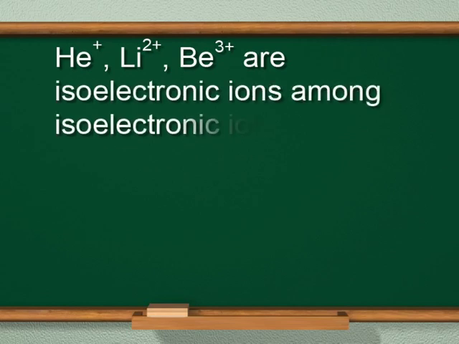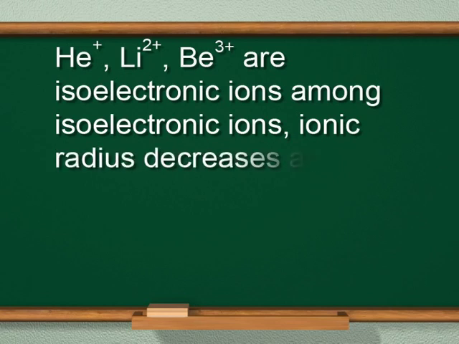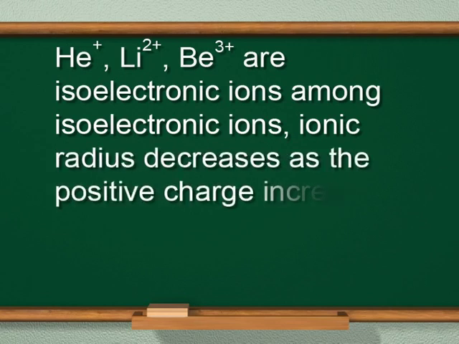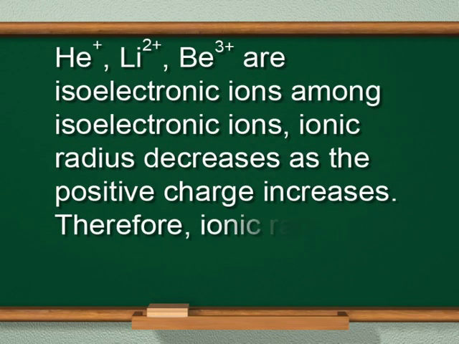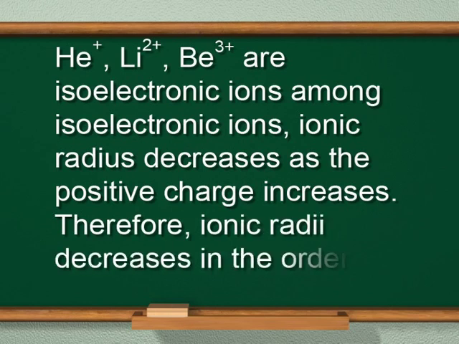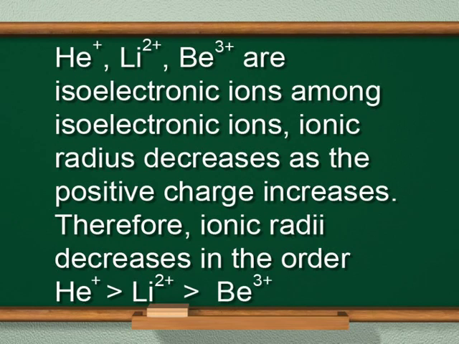Among isoelectronic ions, ionic radius decreases as the positive charge increases. Therefore, ionic radii decrease in the order: helium monopositive ion has greater ionic radius than lithium dipositive ion, which in turn has greater ionic radius than beryllium tripositive ion.